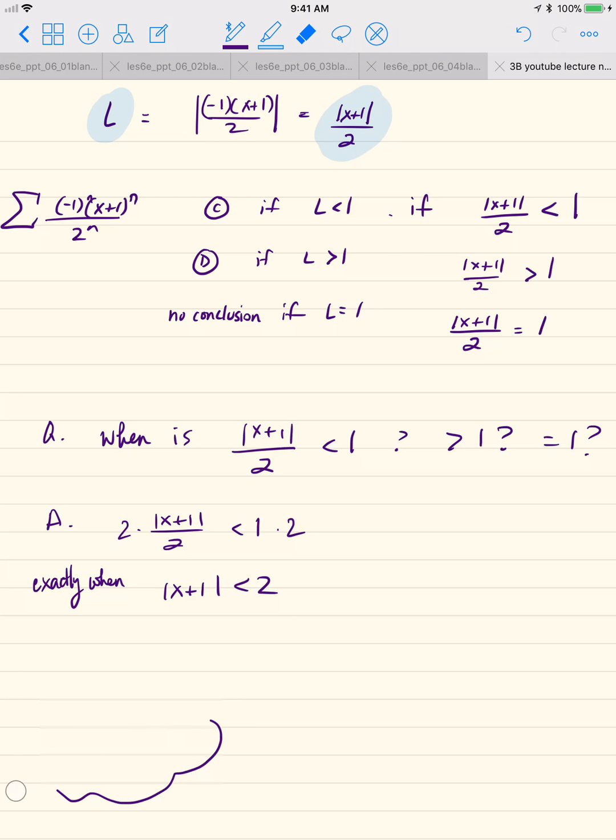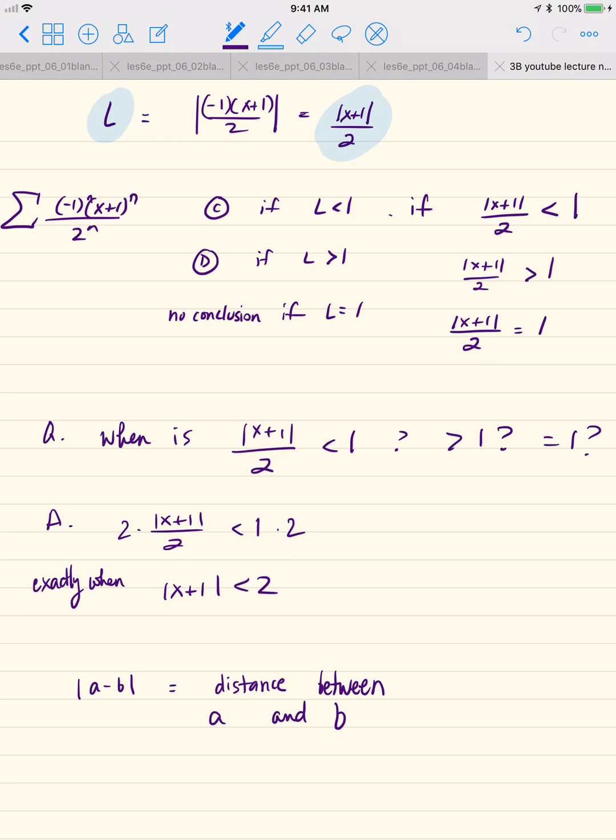If you remember way back from your algebra, when you first learned algebra, you were a little bitty baby. Or, who knows, maybe it was last week, whenever you learned it. Remember that the absolute value of a minus b is the distance between a and b on a number line.